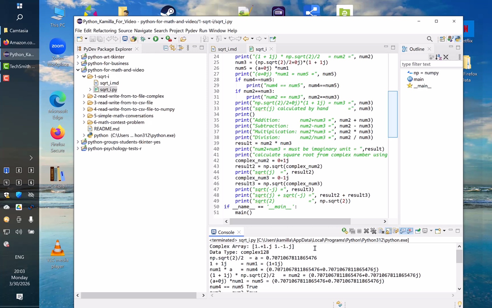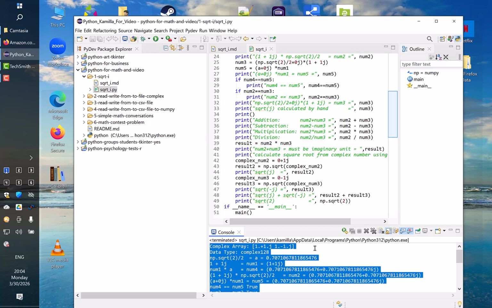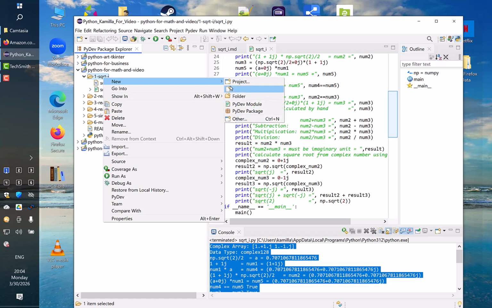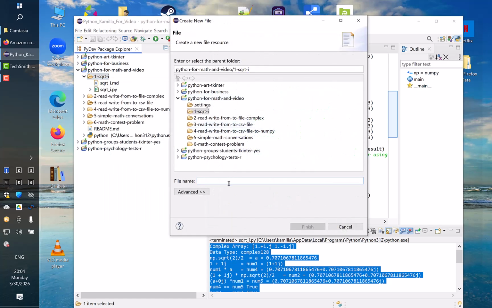We can save it, Ctrl A, Ctrl C, and we can create a new file. And here write sqrt underscore output console.